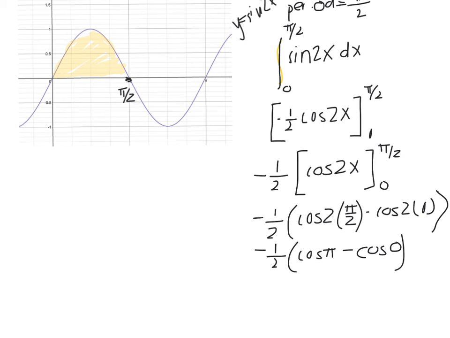Do not default to your calculator here. This would absolutely be a paper 1 question. You need to have your unit circle memorized. So let's take a look at our unit circle. We've got our x and y axis. Over here we've got the point 1, 0. Up here we've got 0, 1.